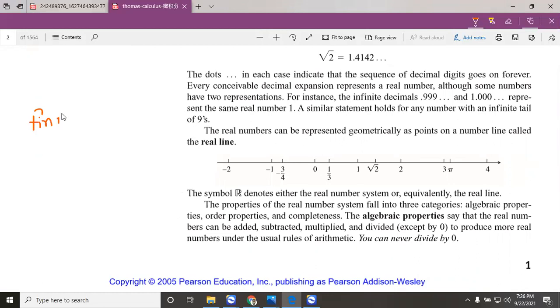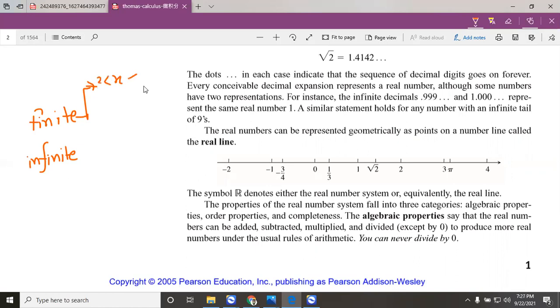So we have finite intervals and infinite intervals. What does it mean? For a finite interval, we get something like this: the value of x will be greater than 2 and less than 5.